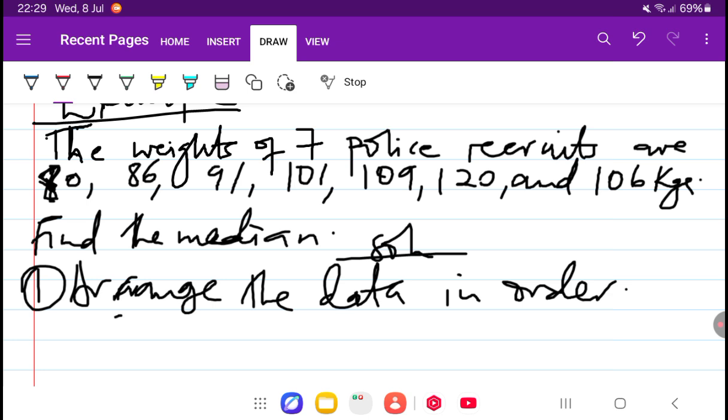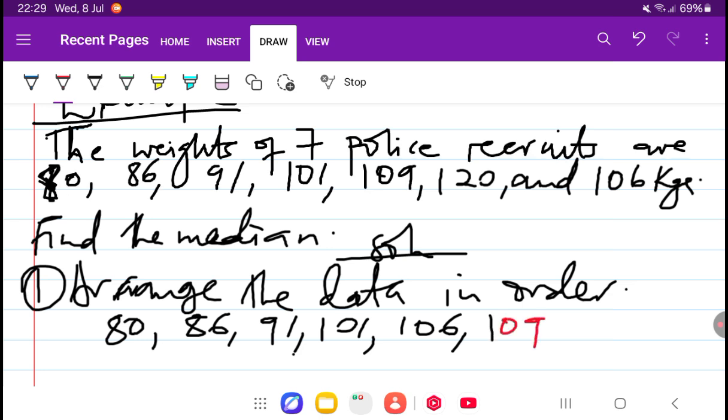So we have 80, comma, 86, that's the next one, comma, 91, comma, 101, comma, we have 106, and then 109. Finally, we have the 120.